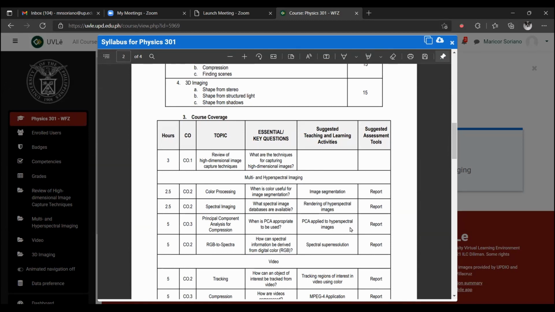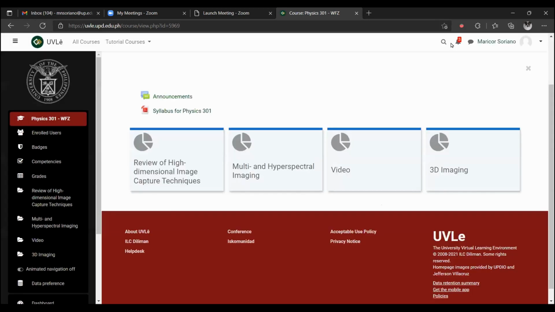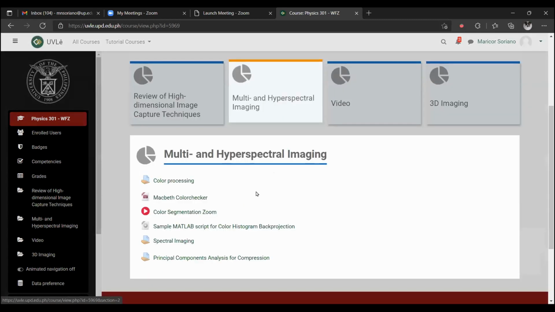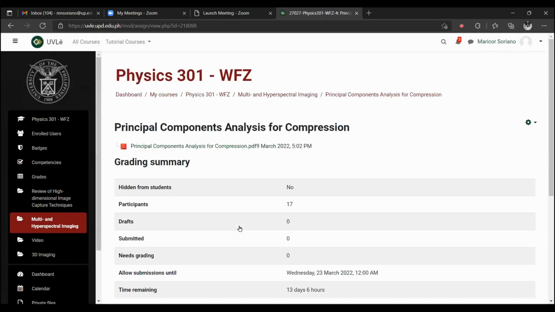That's why 2 weeks yung deadline. There will be another activity related to principal components analysis. Okay, right. And then let's move to the lecture today, which is this.